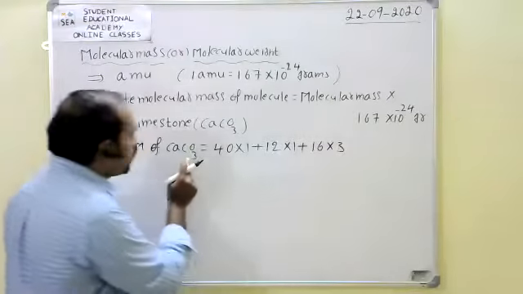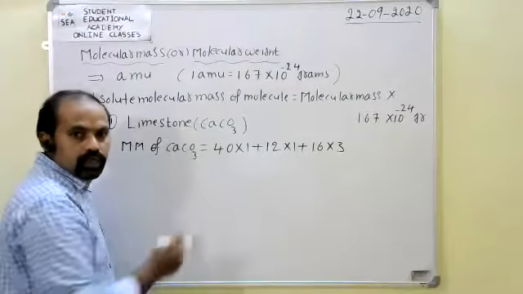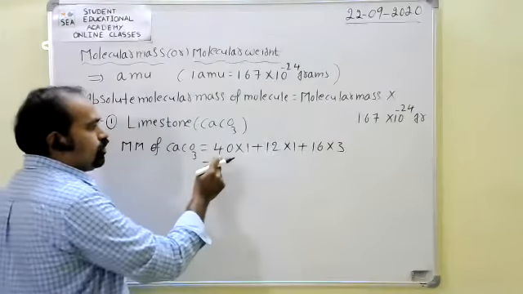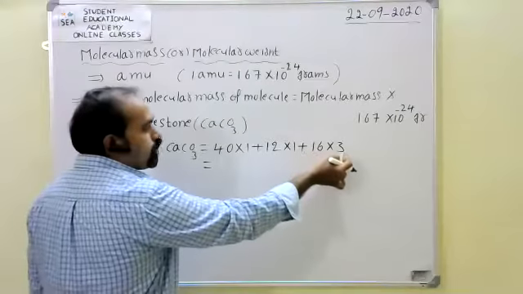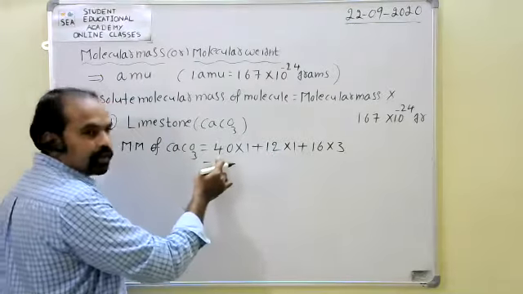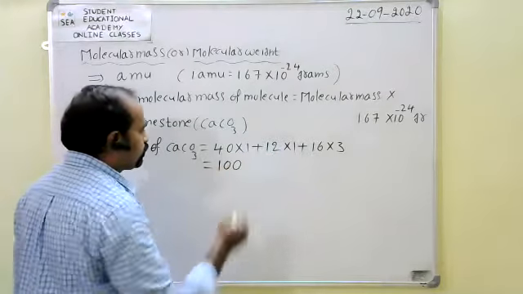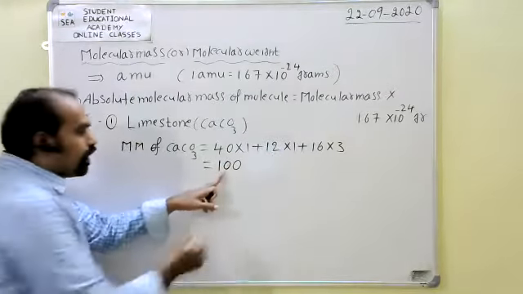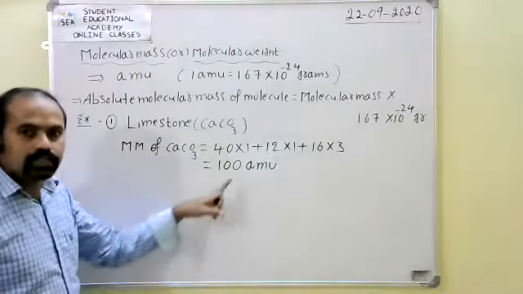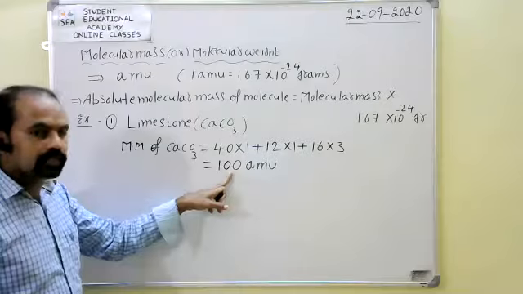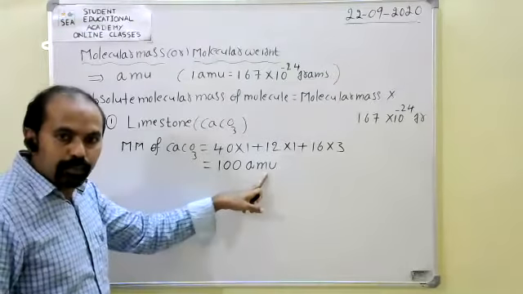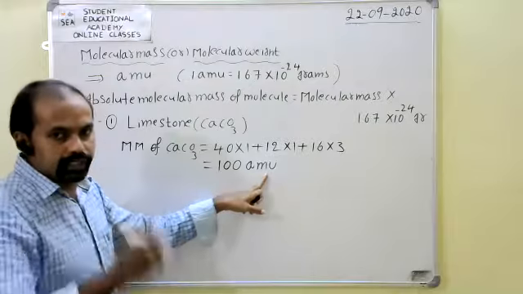It is nothing but number of oxygens 3. That is equal to total, if we calculate 16 into 3, 48, 48 plus 12, 60, 60 plus 40, total 100. Here 100 AMU. It is called molecular mass of calcium carbonate. So 100 AMU, atomic mass unit.